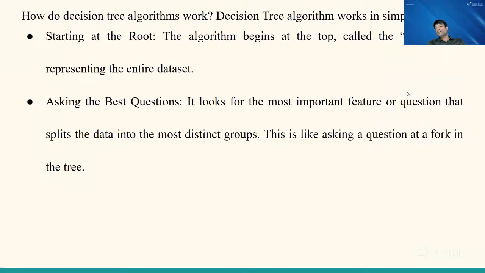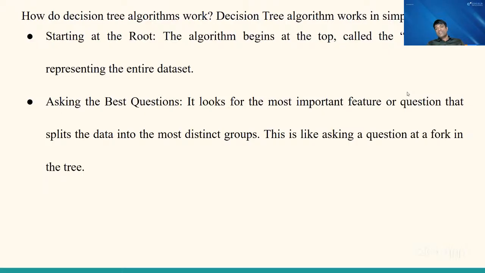Now, trying to understand the key important thing in the decision tree. The algorithm starts at what we call the root node, and this root node represents the entire data set. Then it looks for the most important feature or question that splits the data into the most distinct groups.